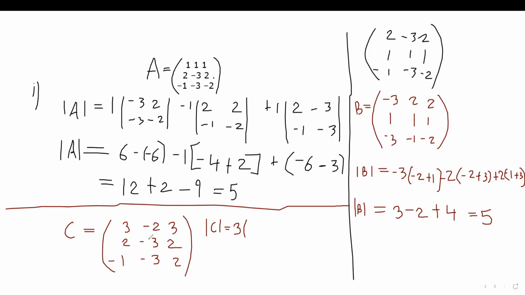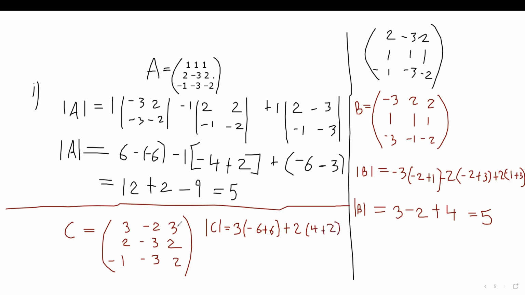So we're left with minus 3 times 2, that's minus 6, plus 6. So it's going to be minus 6 plus 6. Close up that. Then it's going to be minus 2, which is plus 2, times, in bracket, cross out the row and the column here. We're going to get 2 times 2, which is 4, minus 2, which is 6. That's 4 plus 2.